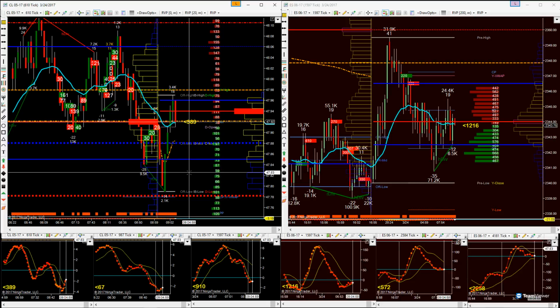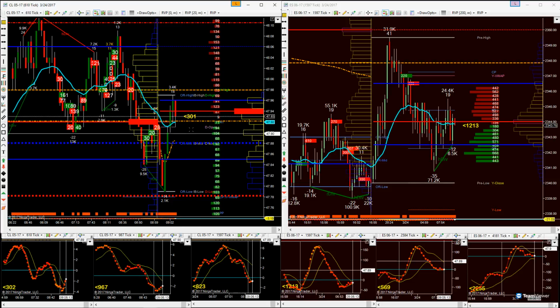Okay, so right now we're just gonna continue watching, see if there's anything that turns out to be of interest for us. Shopping around overnight VPOC, no big surprise there.